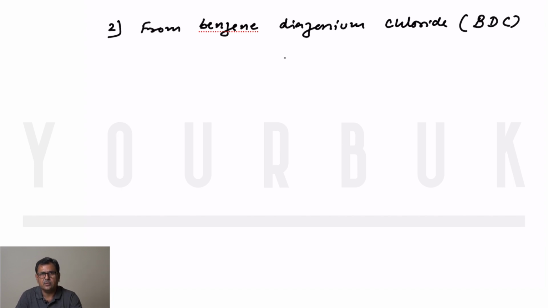Di means there are two, and azo stands for nitrogen. So there are two nitrogen on the benzene ring carrying a positive charge. You know, all cations have an ending in IUM. So its structure is this. This is benzene, and the two nitrogens are present with a positive sign, and then chloride. Chloride symbol is Cl negative.